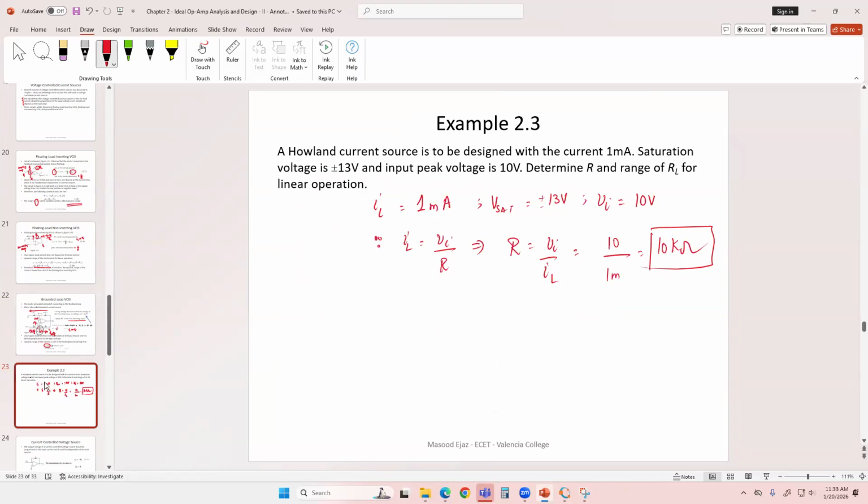What is the value of RL for the linear operation? For the linear operation, the output voltage, the load voltage, has to be less than 13 volt. Two times the magnitude of the load current times RL has to be less than V saturation.